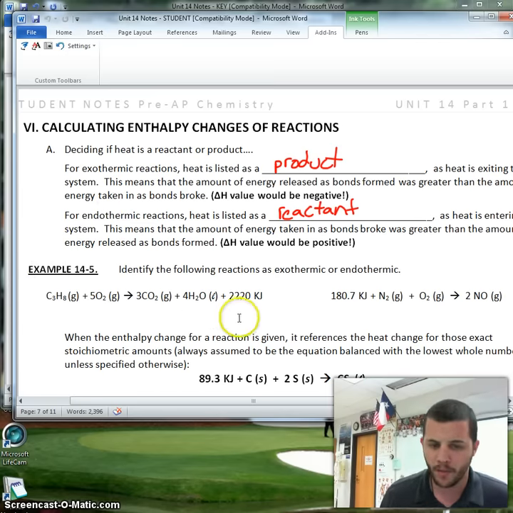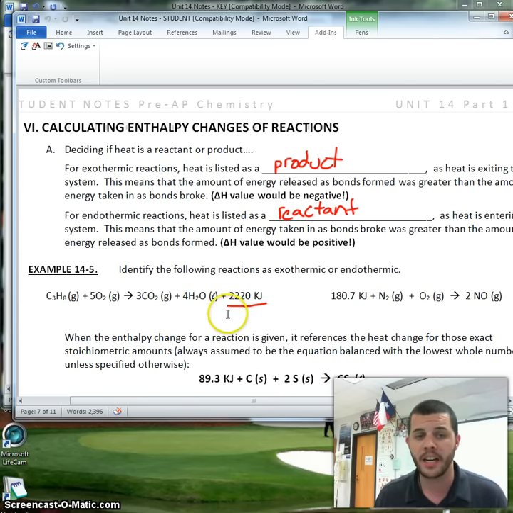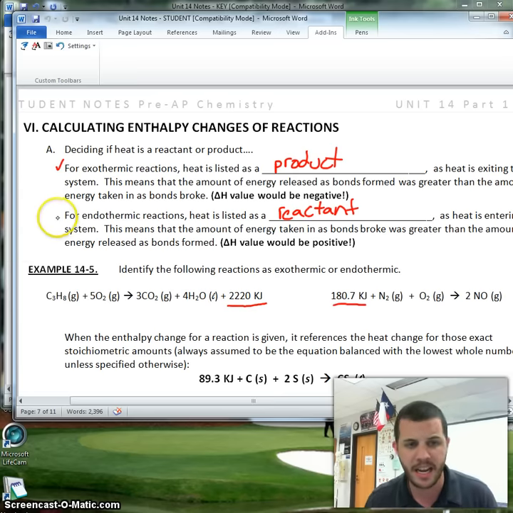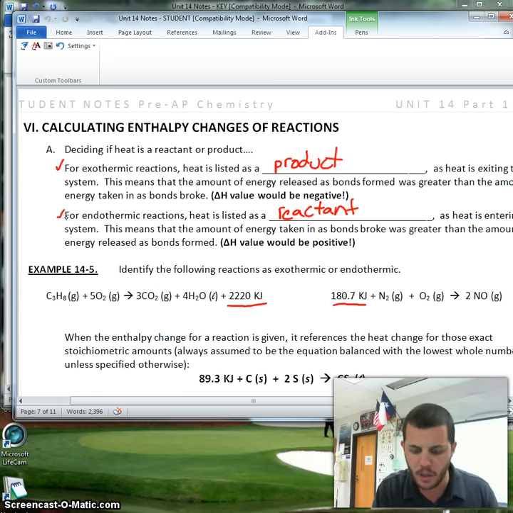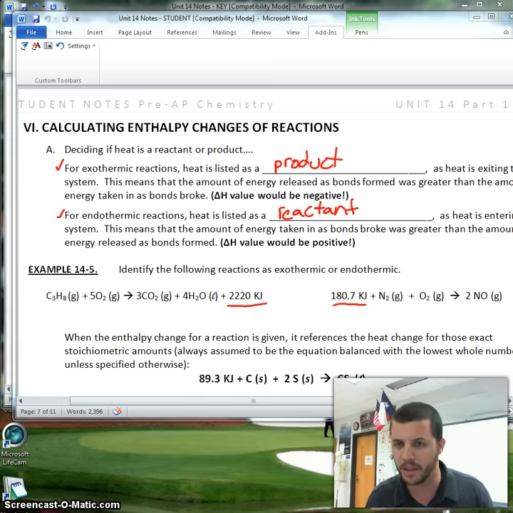Over here, I see that I have energy on the product side, and energy on the product side gives me an exothermic reaction. For this one, energy is listed on the reactant side, and so that gives me an endothermic reaction.